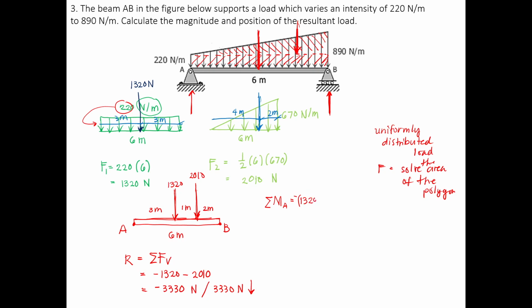So 1320 times 3, then minus 2010 times 4. So the total moment is negative 4080. So that's Newton meter. Okay.